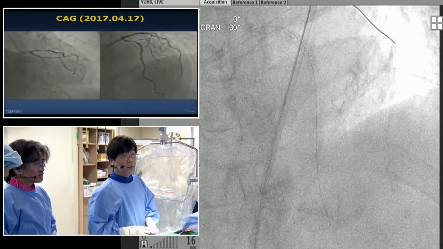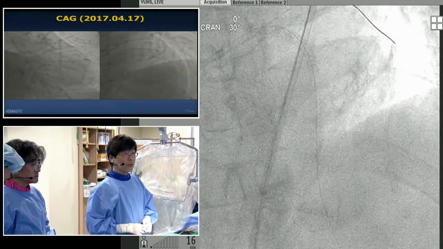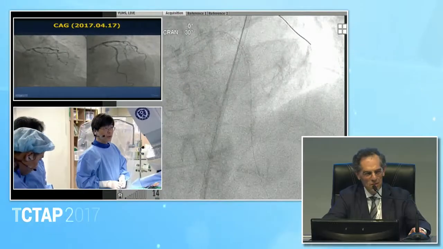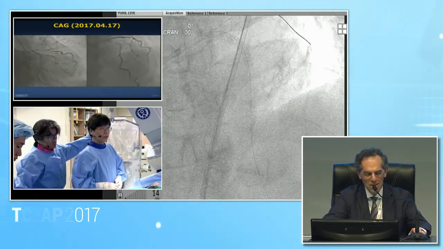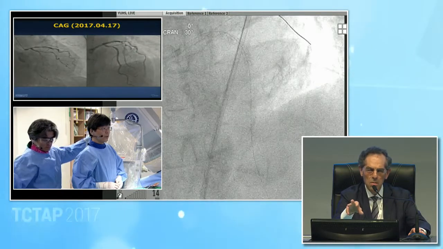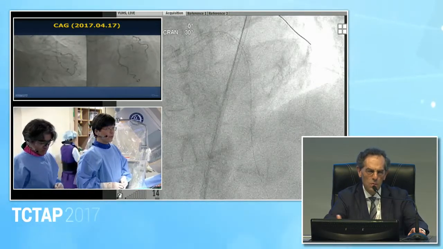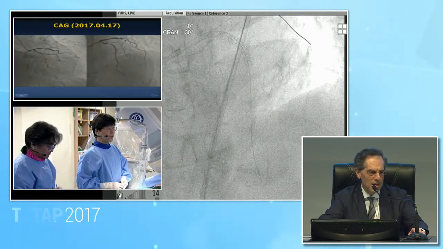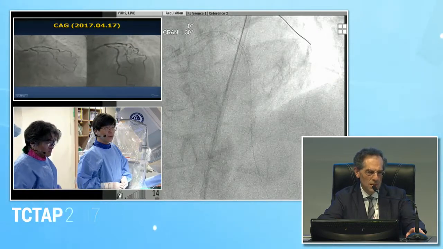While you are working, I have a question. We saw during the entire morning a systematic use of IVUS, but only marginally did we see measurements automatically displayed. And that is very important.